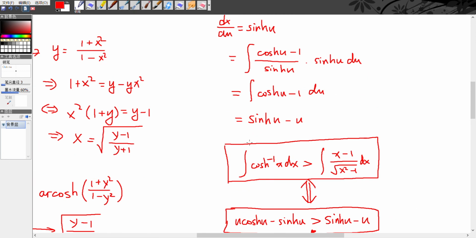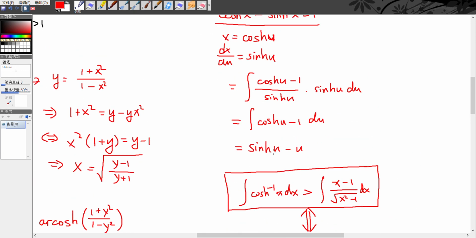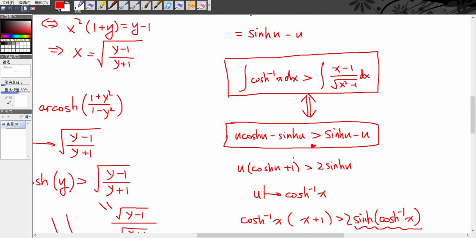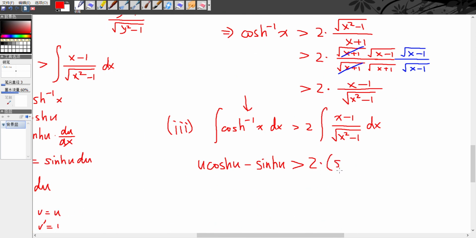We have computed that, which is just 2 times sinh u minus u. And we do exactly the same as we did before. We will have u times cosh u plus 2 is bigger than 3 sinh u.